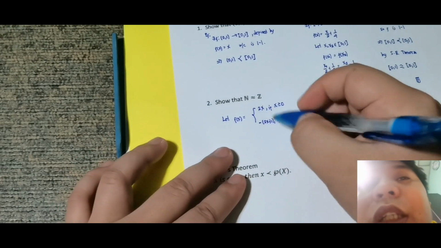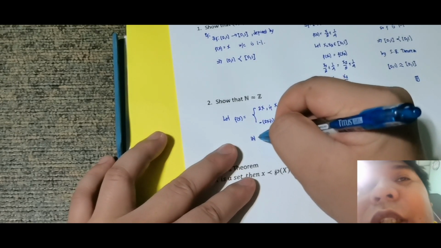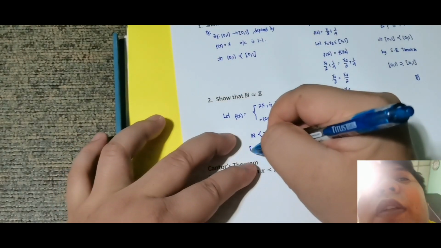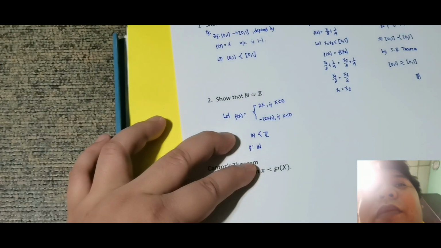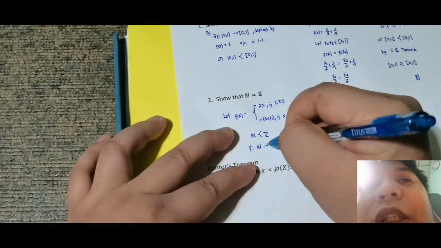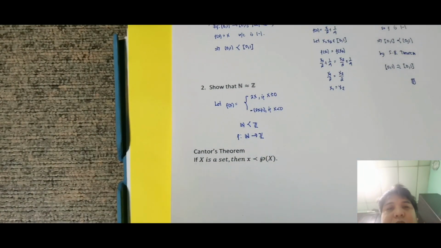Ito, ang ish-show natin dito, si natural number is strictly less than or equal kay integer. So meaning ito yung function mapping from natural number going to integers. Or I think baliktad.